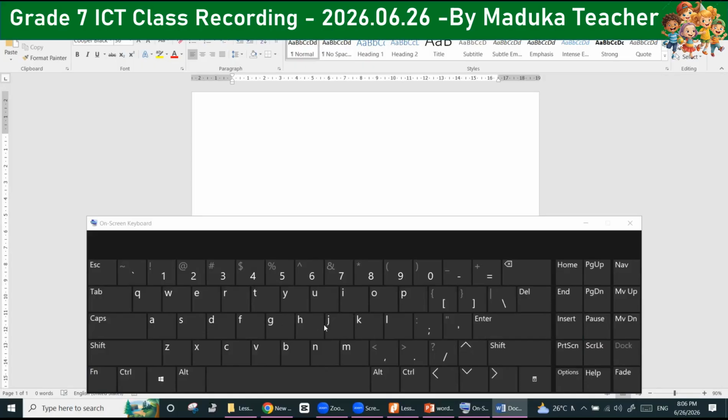Without pressing keys on my keyboard, I can type.